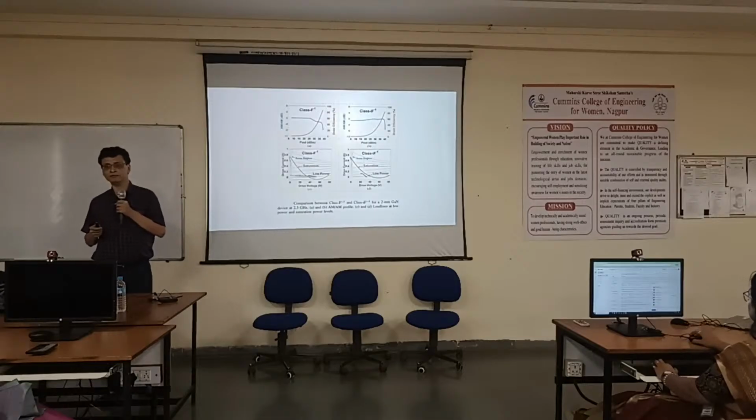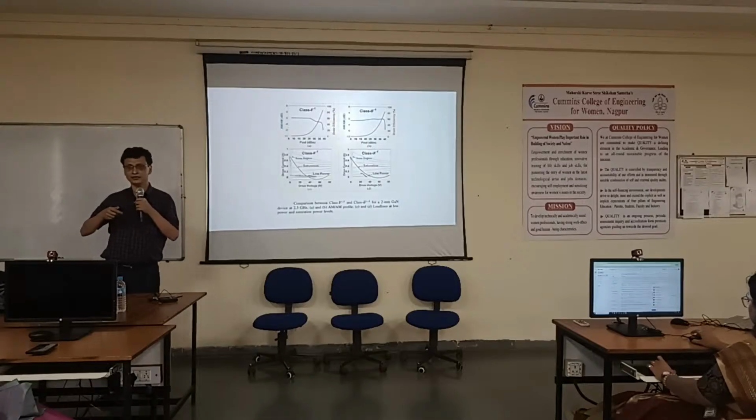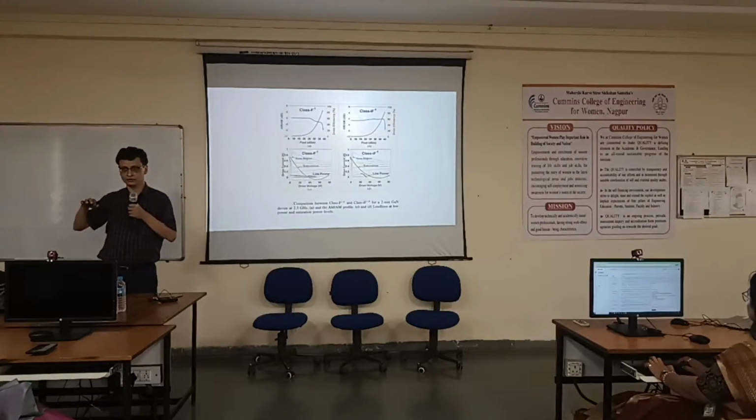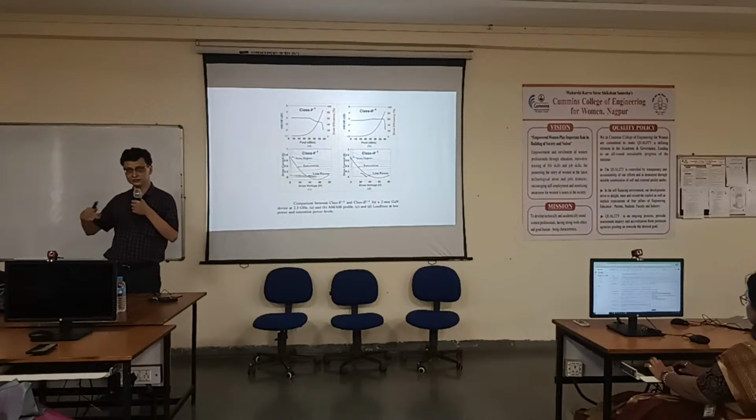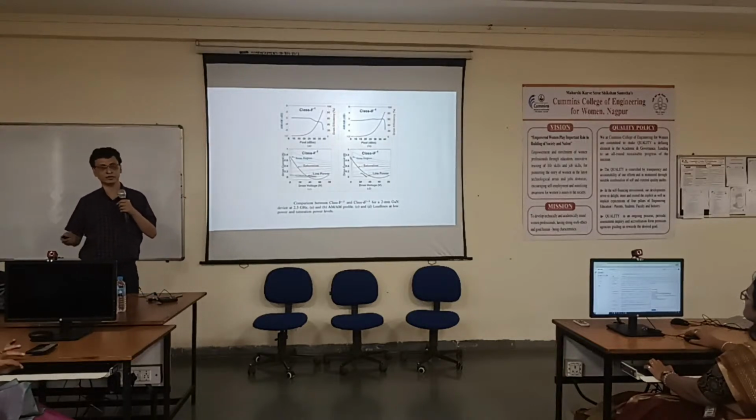So AM means that ideally, if you apply some power at the input, the output should be proportional. But in reality, that doesn't happen. The output is not proportional because there is nonlinearity. And this distortion is called AM distortion.